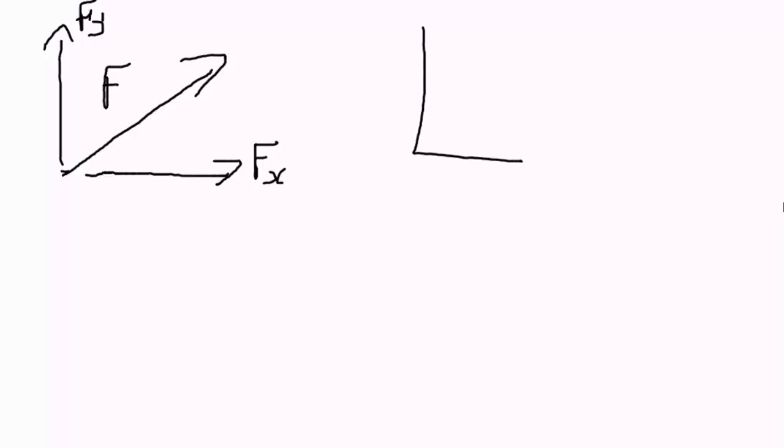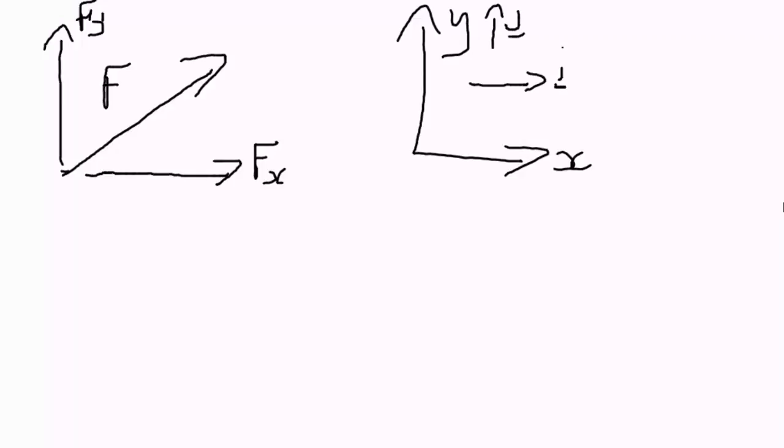So that's my x-axis and that's my y-axis. The I vector goes positively along the x-axis, and the J vector goes positively along the y-axis.